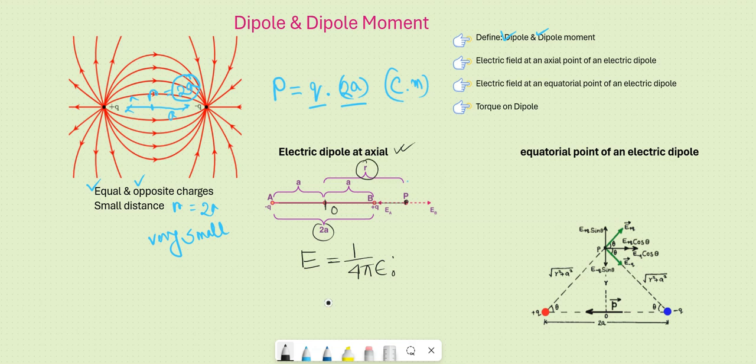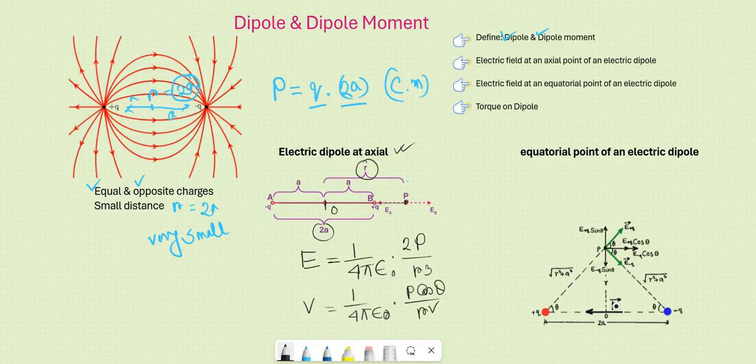In that case, 2 P over r cube. This is the empirical equation of electric field when the dipole is at the axial, and obviously the potential V equals 1 by 4 pi epsilon naught P cos theta over r square.